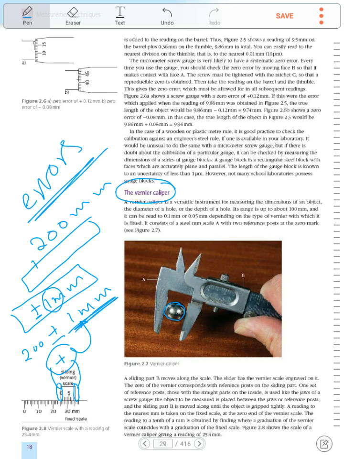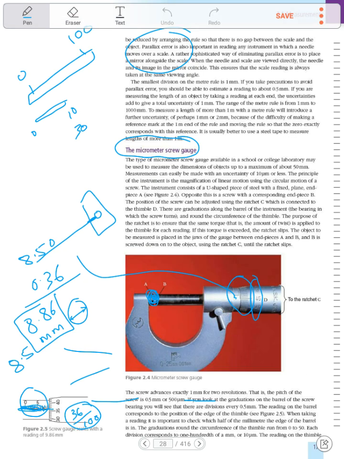Okay? Now, let's go back to the micrometer. The smallest value you can measure is 0.01. Okay? In the micrometer, this is the error, 0.01 millimeter. In the vernier caliper, 0.1 millimeter. In the meter rule, it is just 1 millimeter.